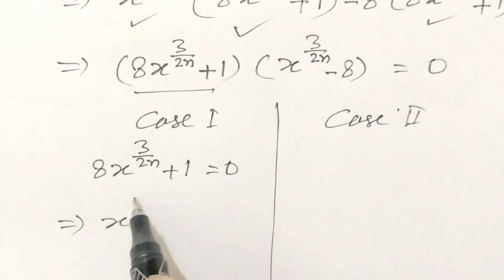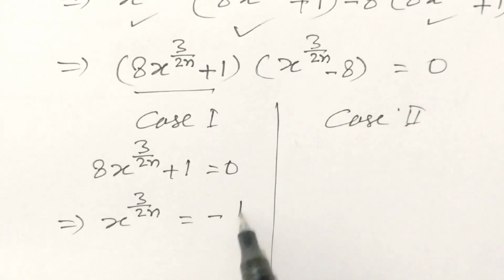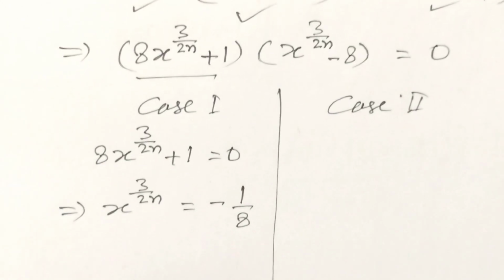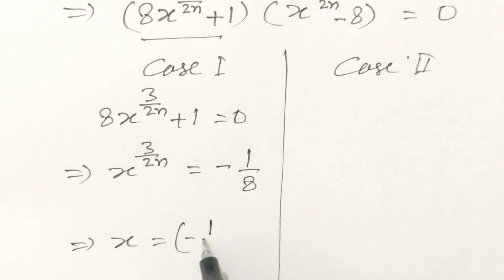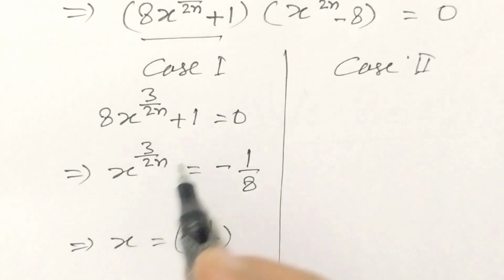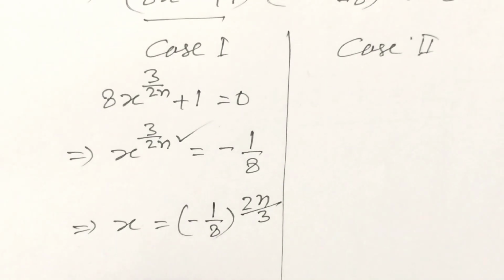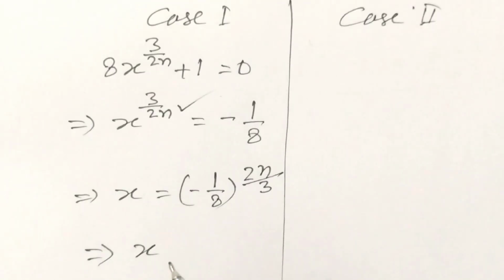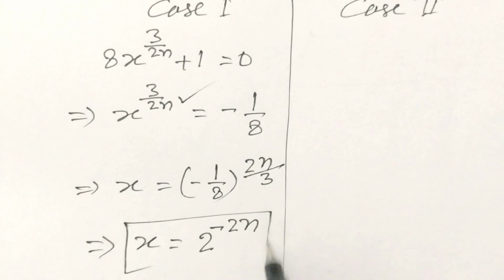So x^(3/2n) will be equal to minus 1 over 8, right? So x will be equal to (minus 1 over 8) to the power 2n over 3, right? So x will be equal to 2^(-2n).